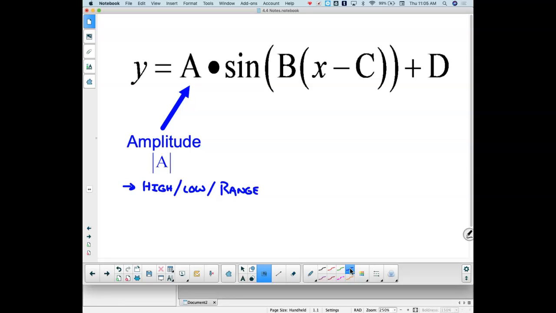All that gets affected by A, or A has control over those 3 things. The other thing that we need to know is that if we have a negative A value, we flip the graph.